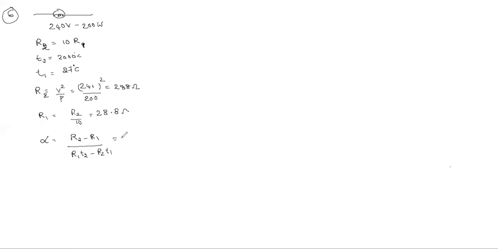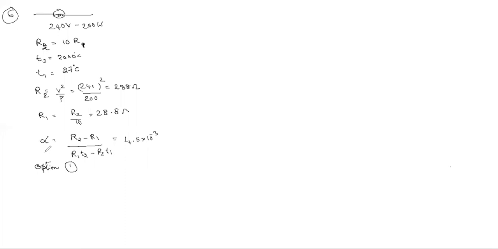That will be close to some 4.5 into 10 power minus 3, because 5.2 is not there in the options. So we conclude it is the first option. Yes sir, first option. Okay, option 1.